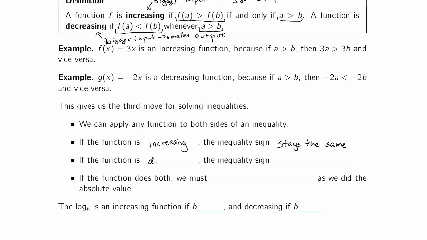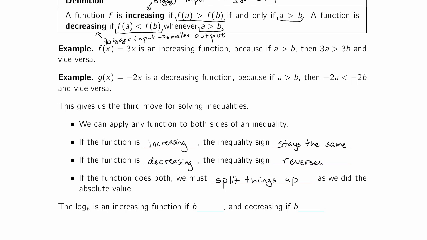If the function is decreasing, the inequality sign reverses. And if it does both, if it goes up and down and up again or something like that, then we have to split things up, the way that we did for the absolute value. So we might think about the number line. We might just split up the domain and see what happens on the various parts of the domain.